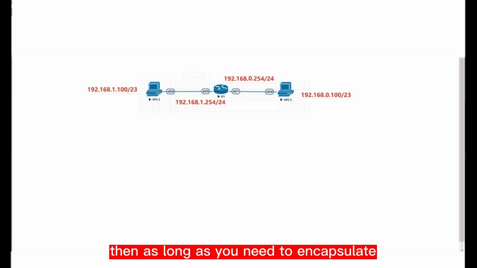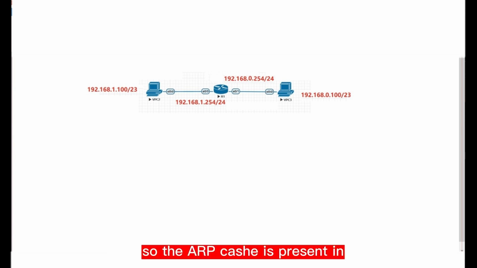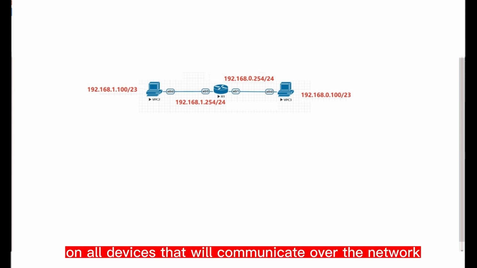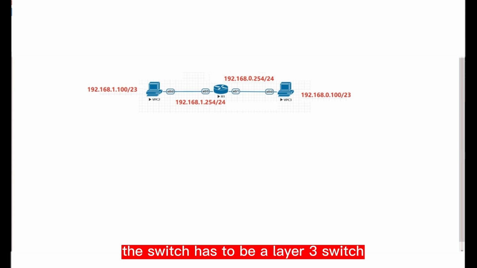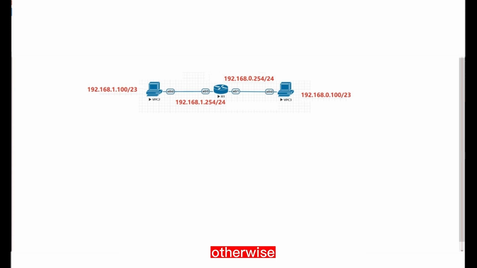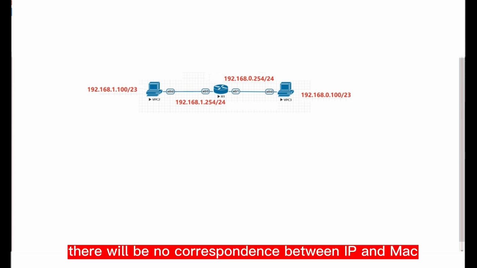As long as you need to encapsulate, there is an ARP cache. So the ARP cache is present on all devices that communicate over the network, whether PC, router, firewall, or switch. Certainly, the switch has to be a layer 3 switch, otherwise it wouldn't even know what an IP address is, and there will be no correspondence between IP and MAC.